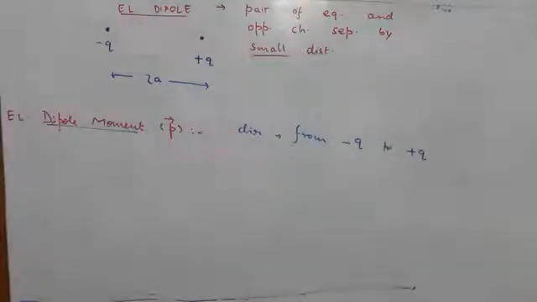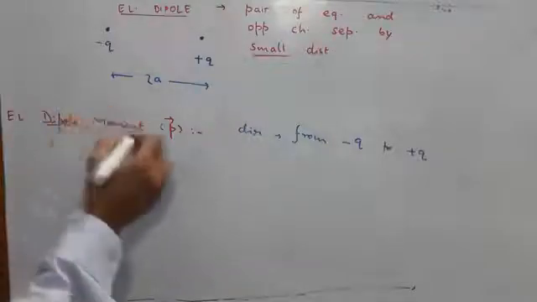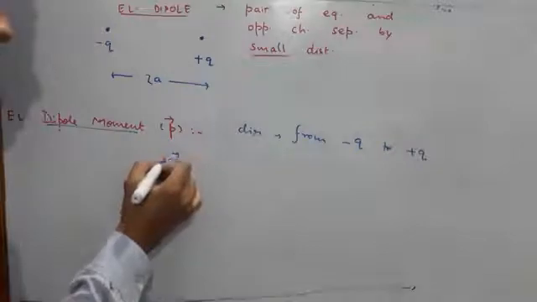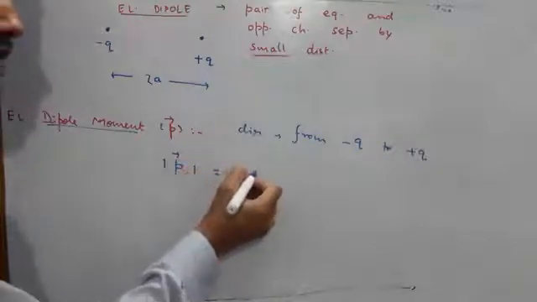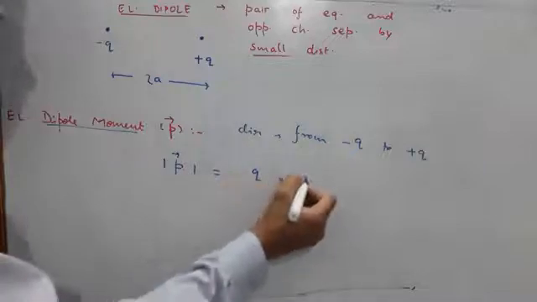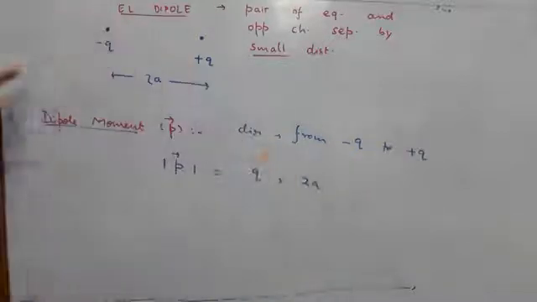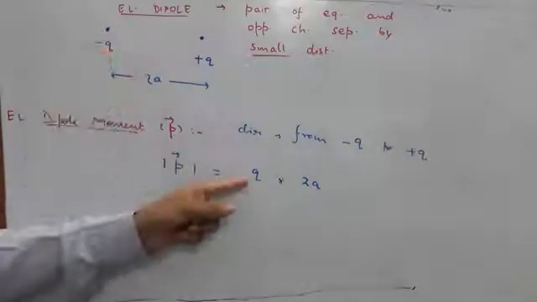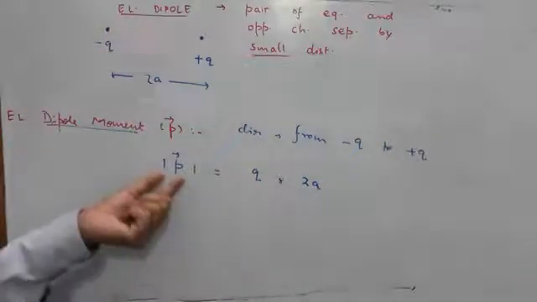This is the direction for the dipole moment vector, and its magnitude, P vector magnitude, is the product of the magnitude of either charge into the separation between them. You can see the separation between them is 2a and the magnitude of the charge is q. So this is the value for dipole moment.